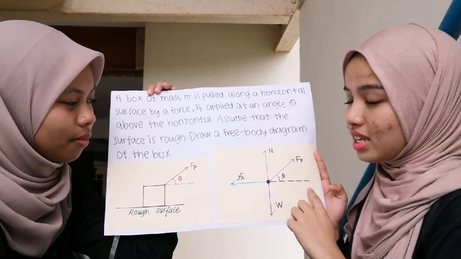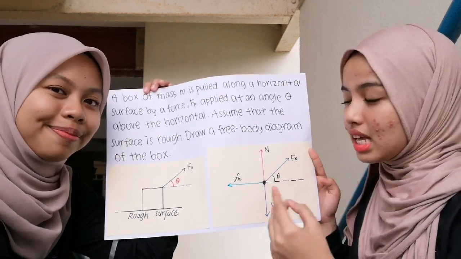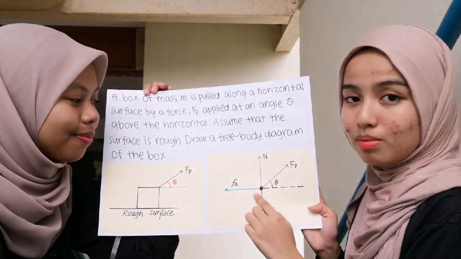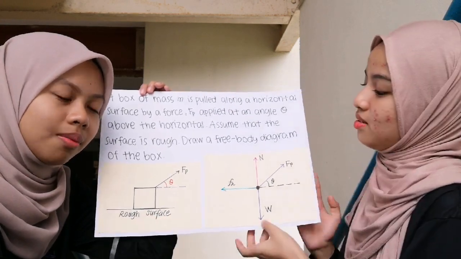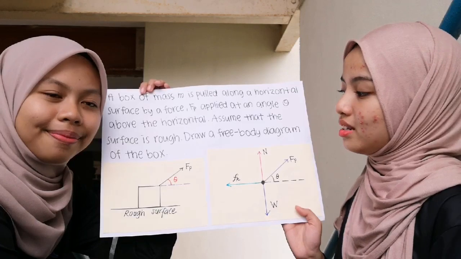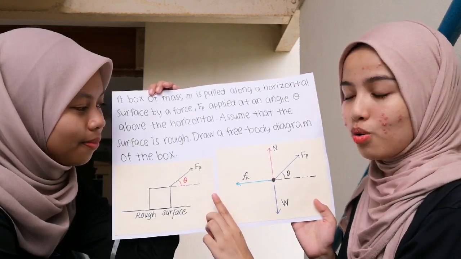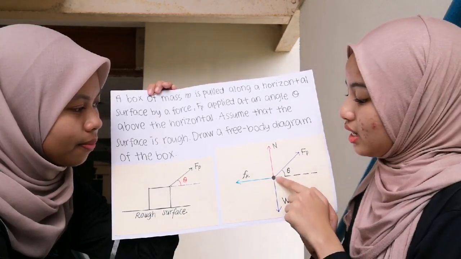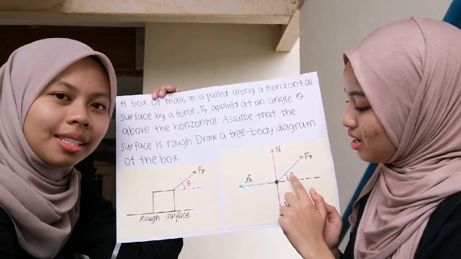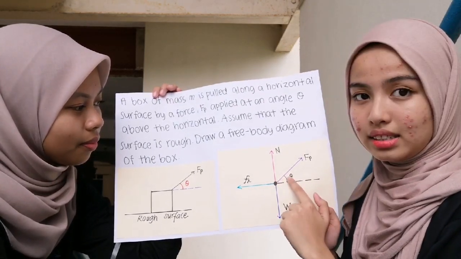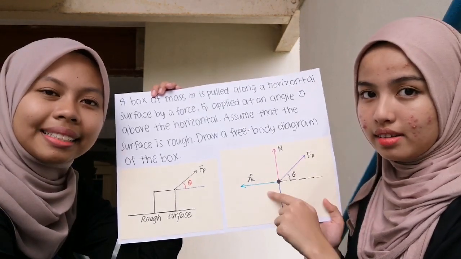Now, moving on to the free body diagram. First of all, as I mentioned before, we draw the y-axis and the x-axis. Then we draw a small dot to represent the object, which is the box. We know there is an external force applied in this situation, so we redraw the direction of the external force and the angle, theta, Fp and theta.